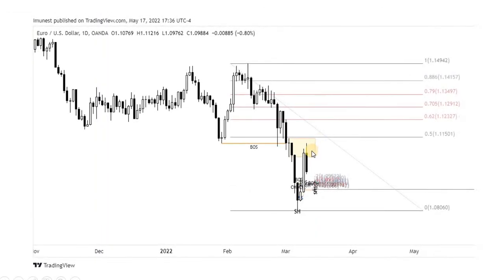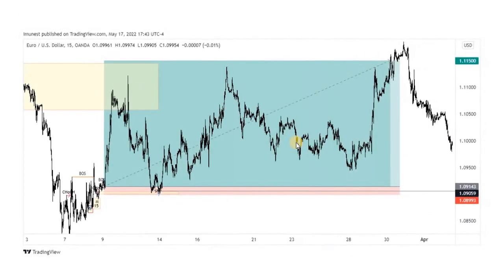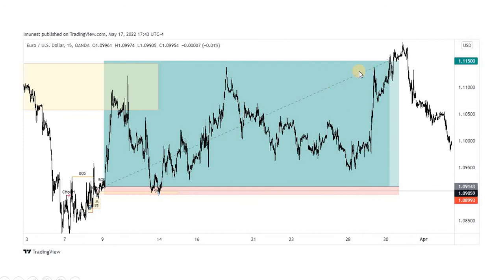It's quite close to it, but if you really want to get to 0.5, there's still a lot of possibility, but then it's going to take you a long time before getting to your targets.